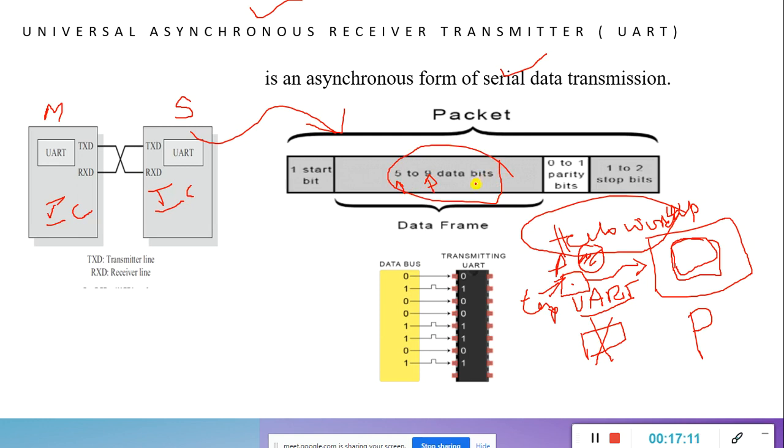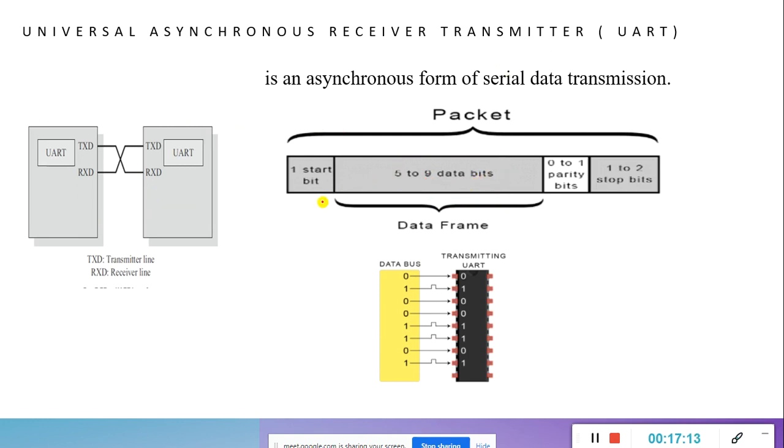Now, in order to transmit the data, first I need to say that I'm sending the data, that is the start signal. Once I send the data, I need to ensure at the receiver end whether the same data that was produced has been received or not. That's where we call it the parity check.